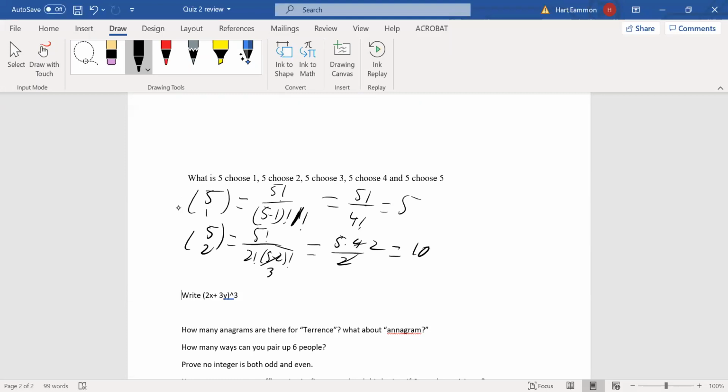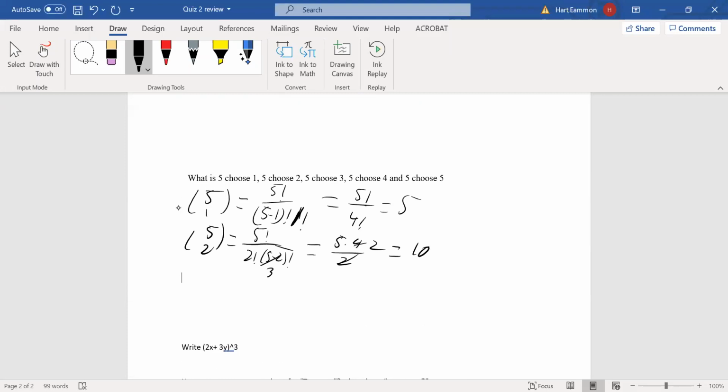And if I do 5 choose 3, that's going to be equal to 5 factorial divided by 3 factorial times 2 factorial. So it's just going to be the same thing.